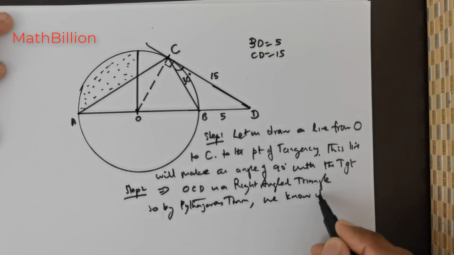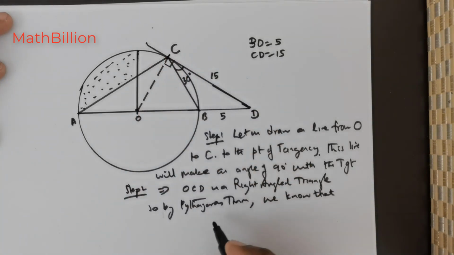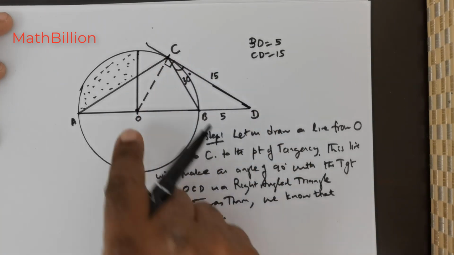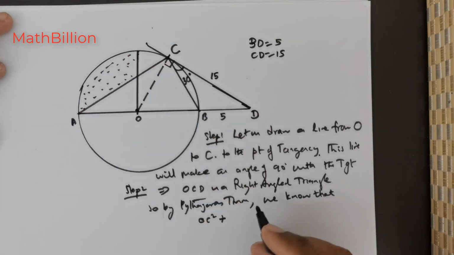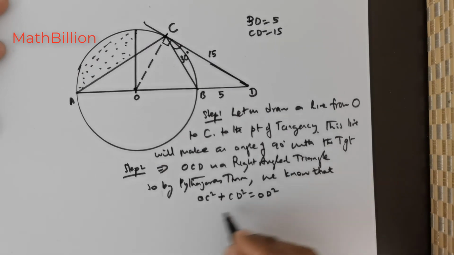So what do we know? We know that OC squared plus CD squared is equal to OD squared.